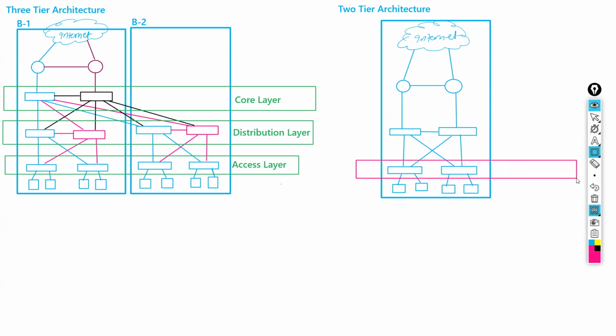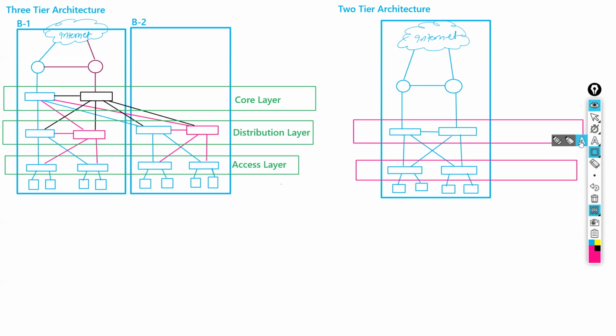This is the first layer, and this is the second. Again, this will be known as what? Access layer, where you connect your end host and configure the security policies for the host. And this is the layer that is combining the features of these two layers. So this layer will be known as collapsed distribution.